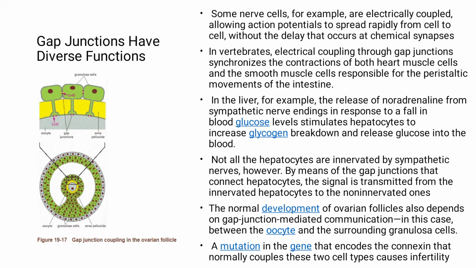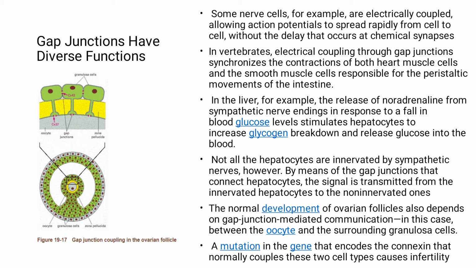So the oocyte is surrounded by a thick layer of extracellular matrix called the zona pellucida. The surrounding granulosa cells are coupled to each other by gap junctions formed by connexin 43, or CX43.